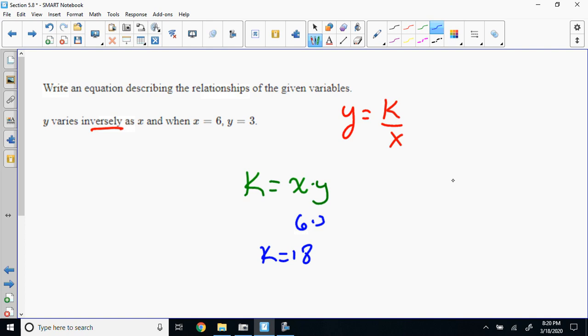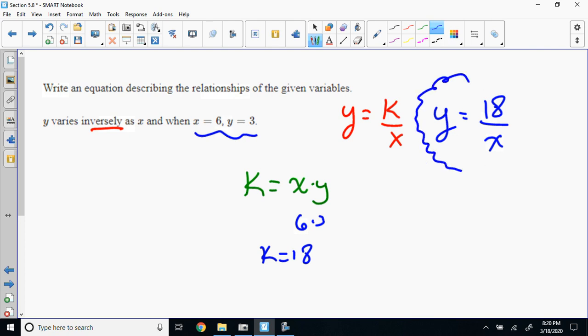That gives me y equals 18 over x. And if we substitute that 6 in here, 18 divided by 6, do we get 3? And we do, so we know that the equation is correct. This is my final result here.